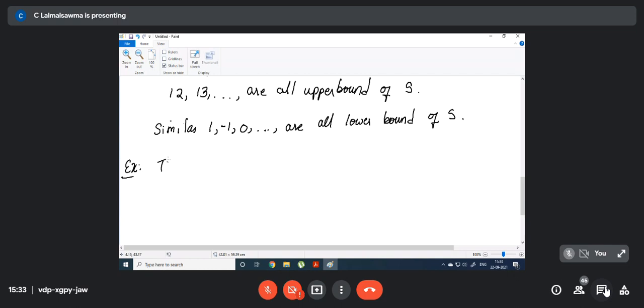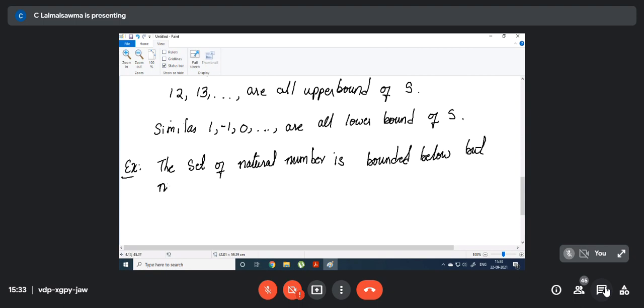Example: the set of natural numbers is bounded below but not above. Natural number is denoted by N. So can anyone tell me what a natural number is?